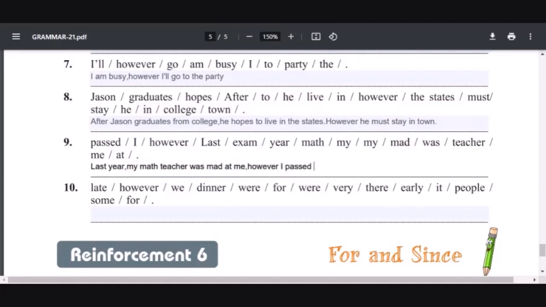I passed it. Do we have that? No, right? I passed my exam. ¿Hay el my por aquí? No, but I passed my exam. Yes. Okay. Last year, my math teacher was mad at me. However, I passed my exam. Okay, and number 10. That is the last one.